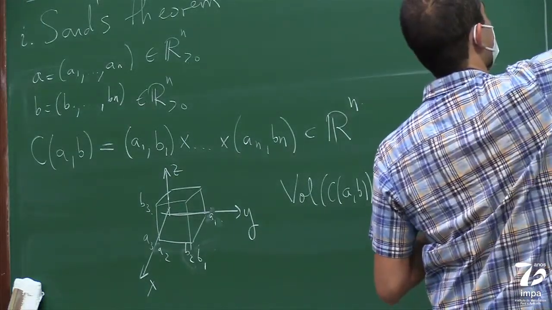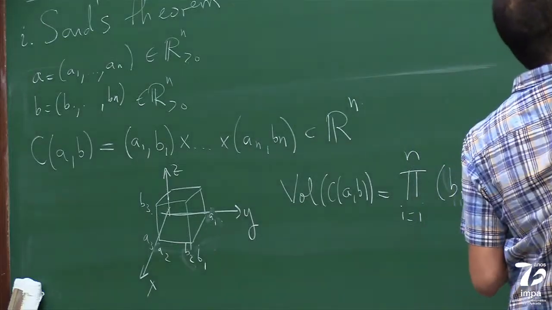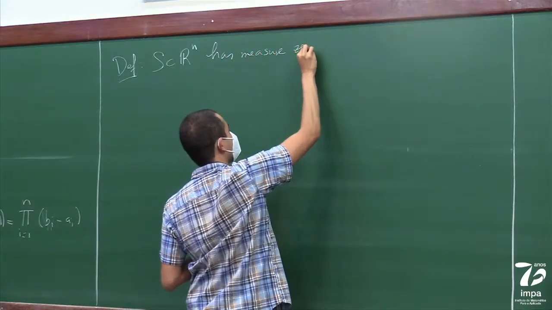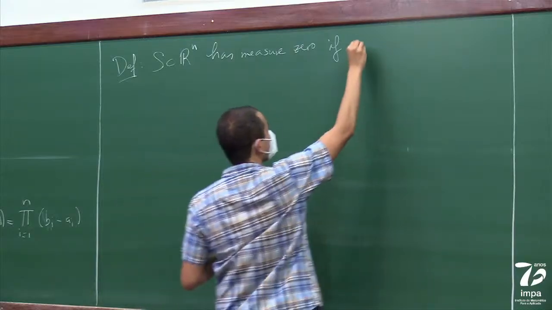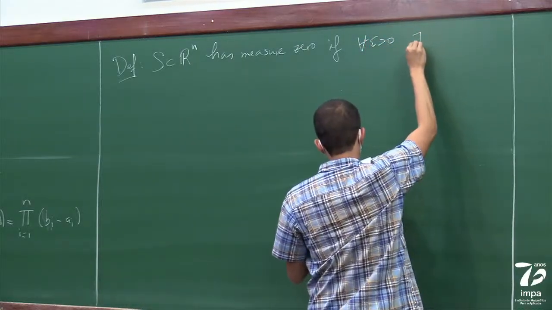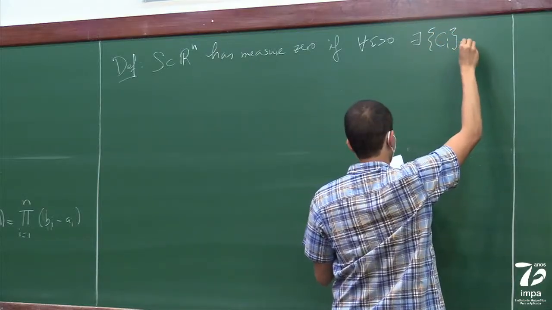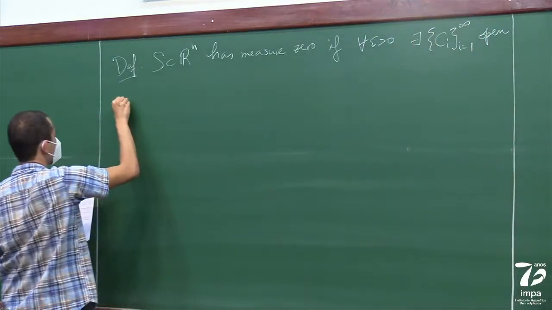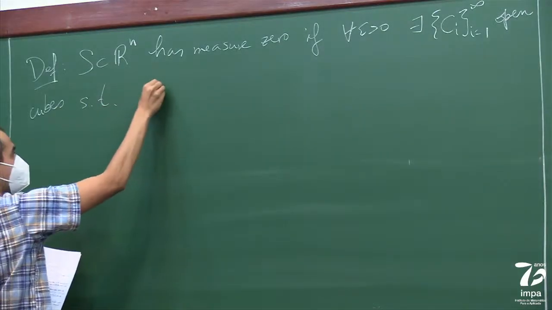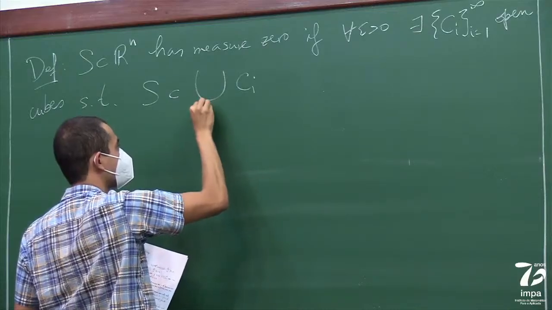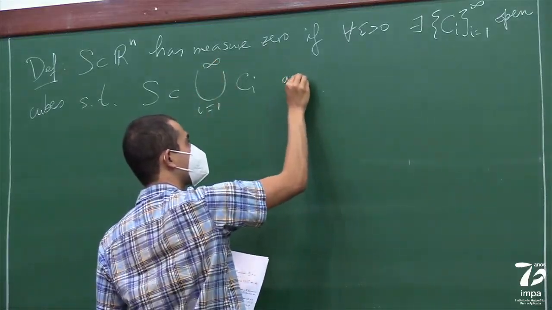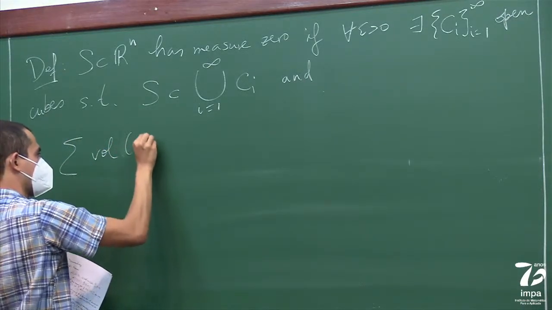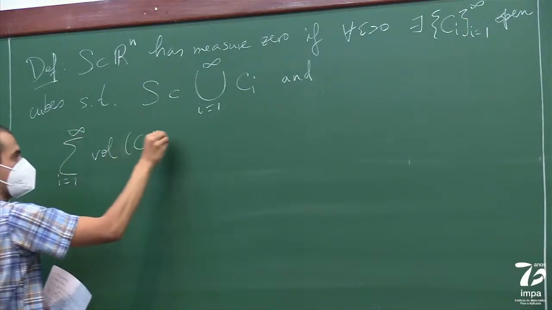So a set S in Rn has measure 0 if for every epsilon greater than 0, there exists a sequence of open cubes such that S is contained in the union of the cubes, and the sum of the volumes of the cubes is less than epsilon.